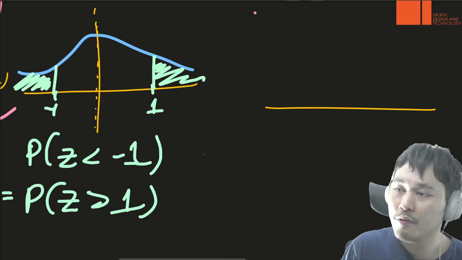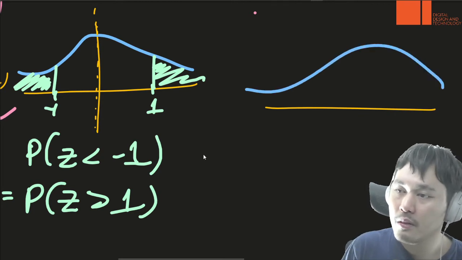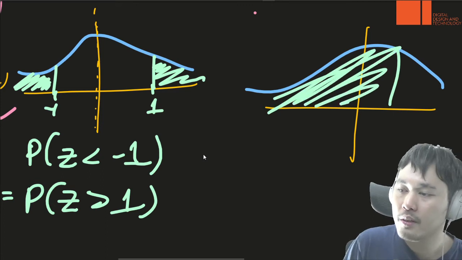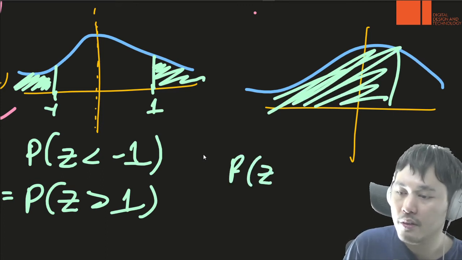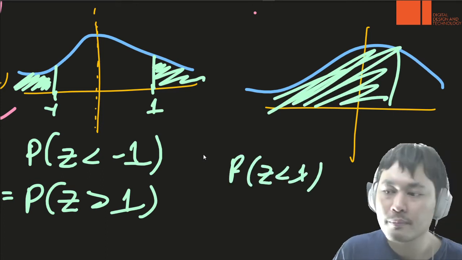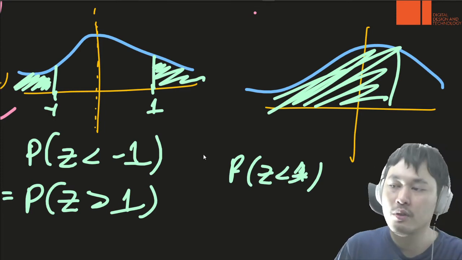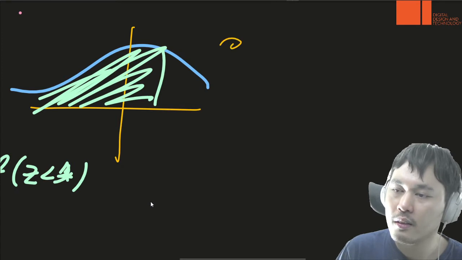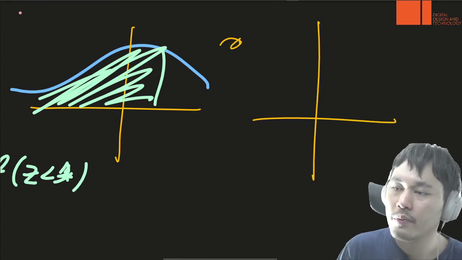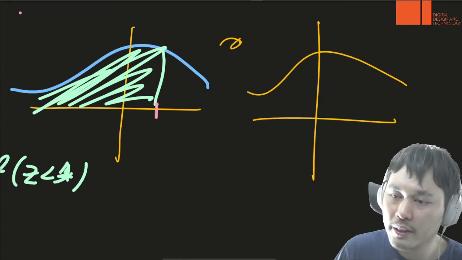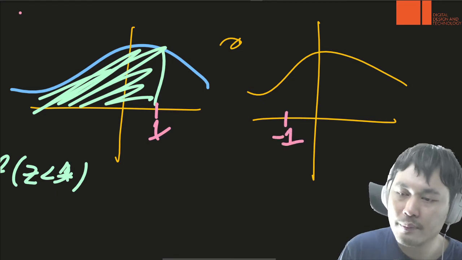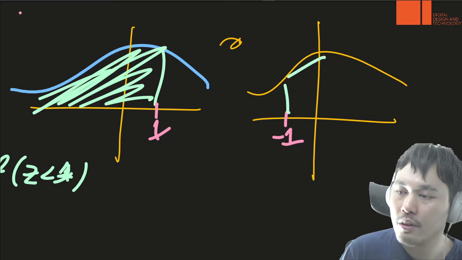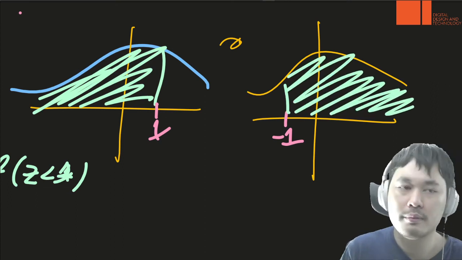But what happens if z is positive? What if we want to find the area to the left of this point? Let's say z is less than 1. We can still use the reflection, use the symmetry. Once you reflect in the mirror, the point 1 goes to the point minus 1, and the area to the left of that point becomes the area to the right of that point.